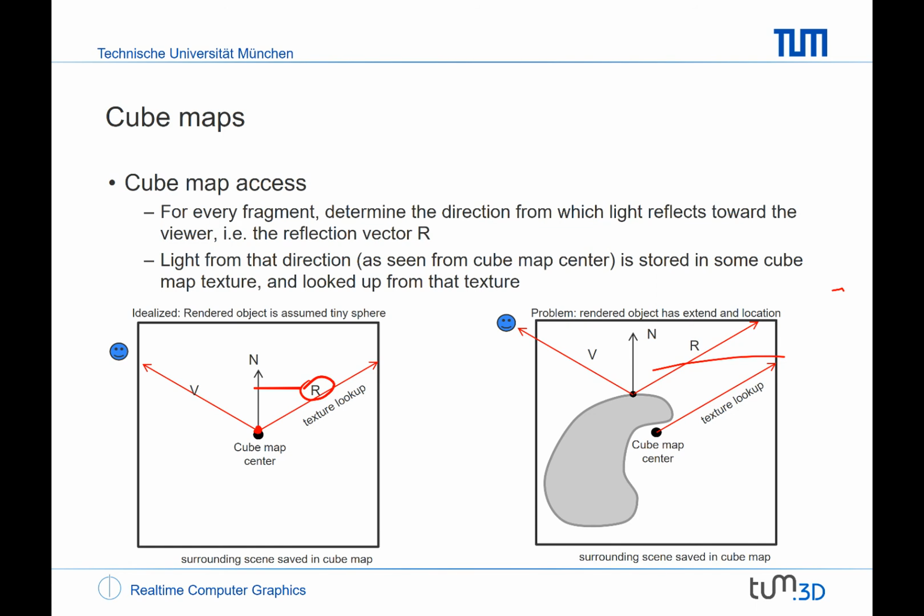And because we have computed that point already and stored it in the cube map, we now need to use that reflection vector in order to look up the cube map. And we will see later on how that is done.